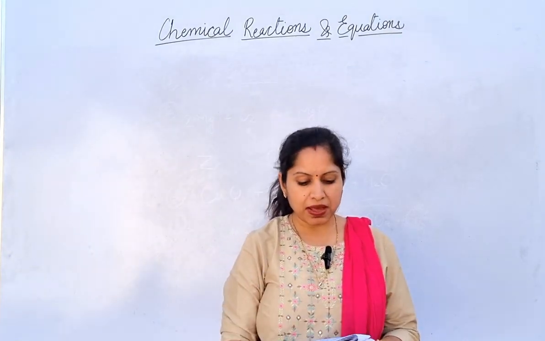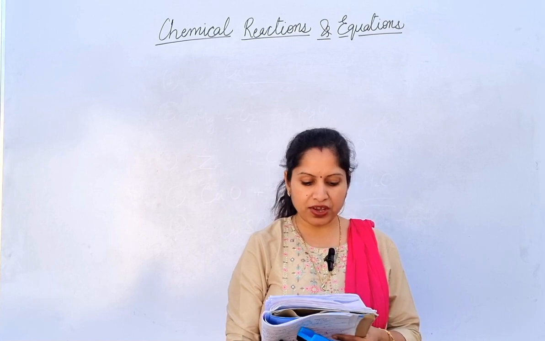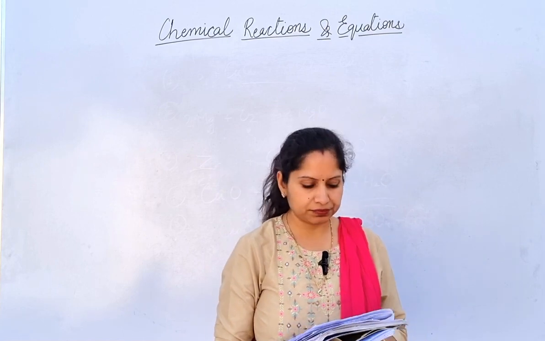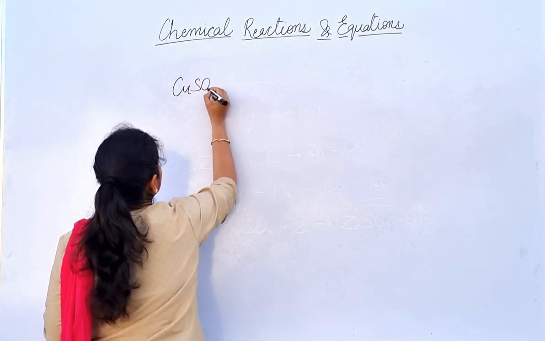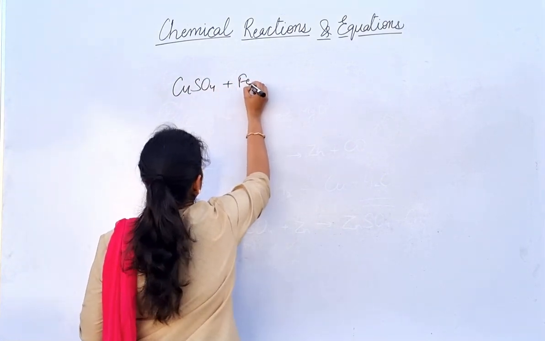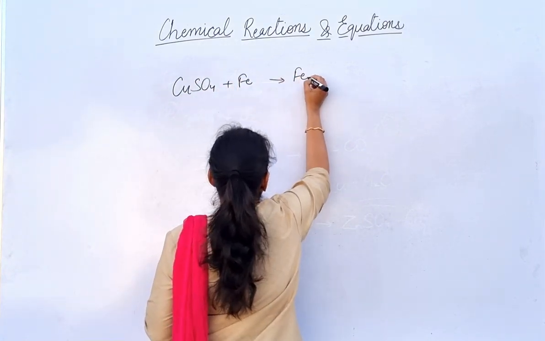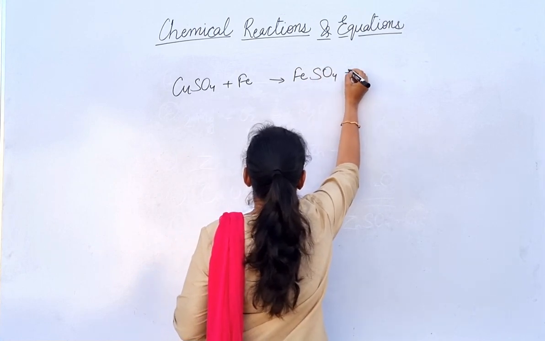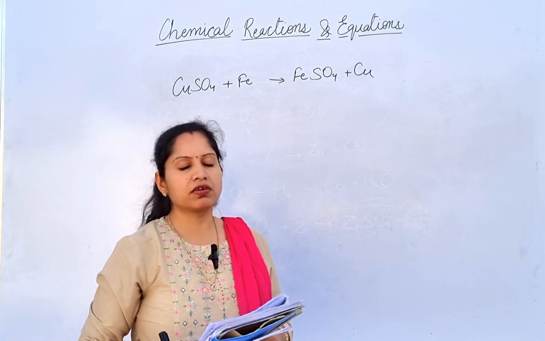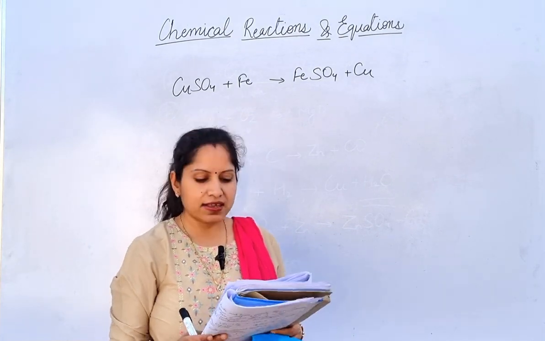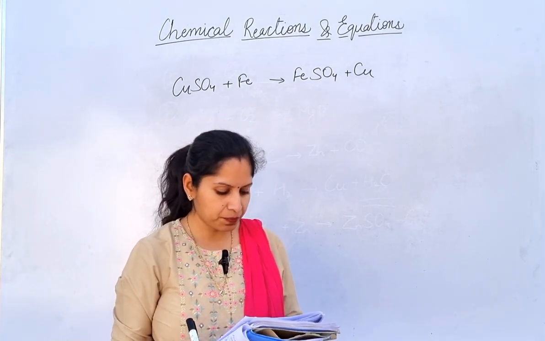Copper sulfate combines with iron to form ferrous sulfate and copper. It's also an example of displacement, redox, as well as exothermic reaction.